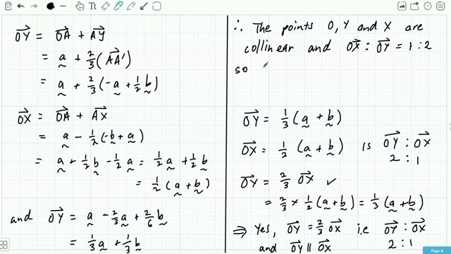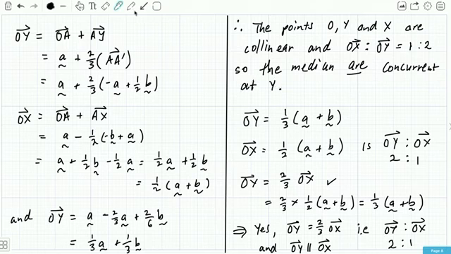So what we can say to finish is that the medians are concurrent at Y. So a very, very long proof, that one, because it has quite a few parts to it. The key thing there is identifying what you're looking for and then being able to work with a range of vectors to show what you need to show at the end of that proof.